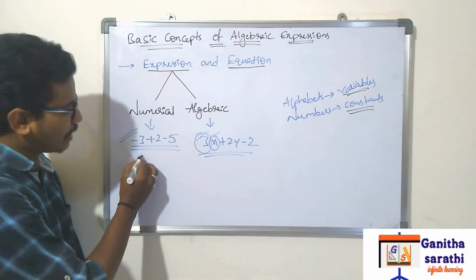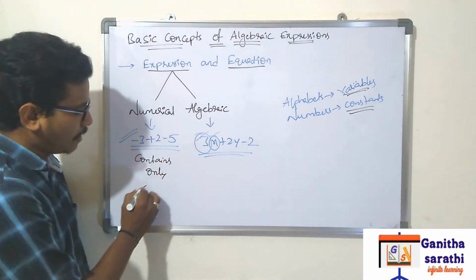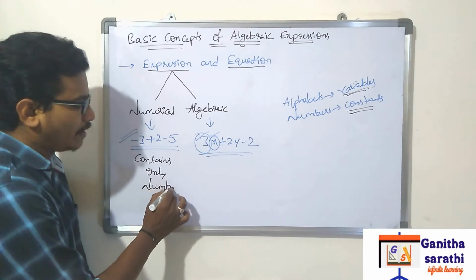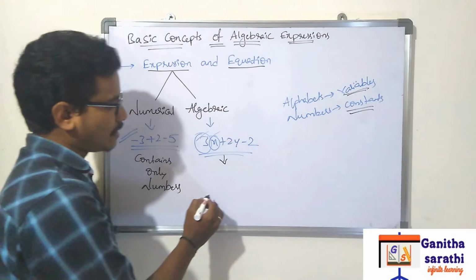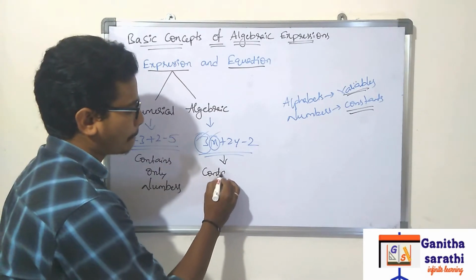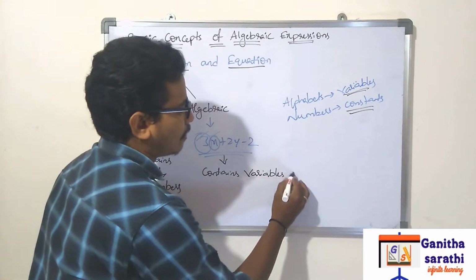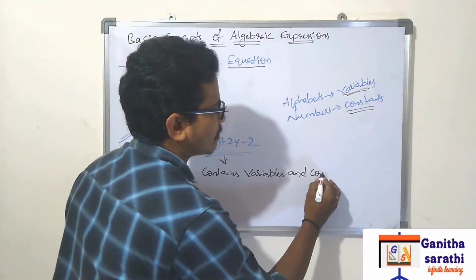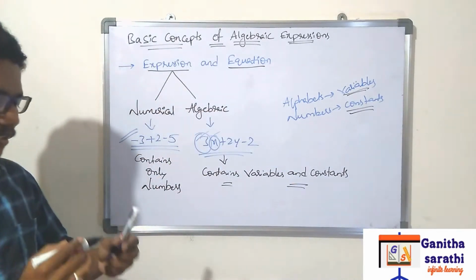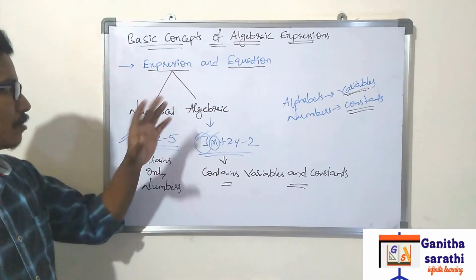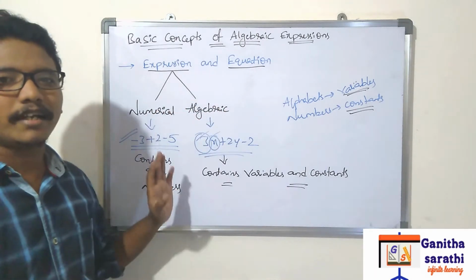Numerical expression contains only numbers which are separated by mathematical operations, and algebraic expression contains variables and constants. These are the two differences between numerical expression and algebraic expression.